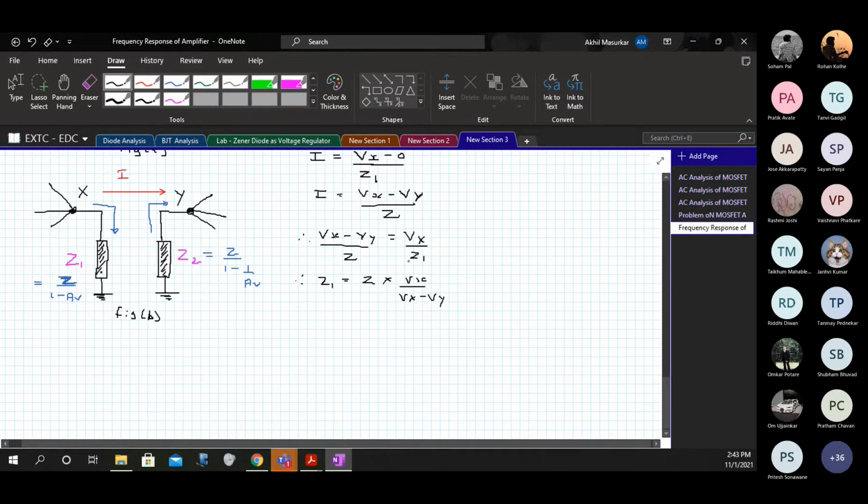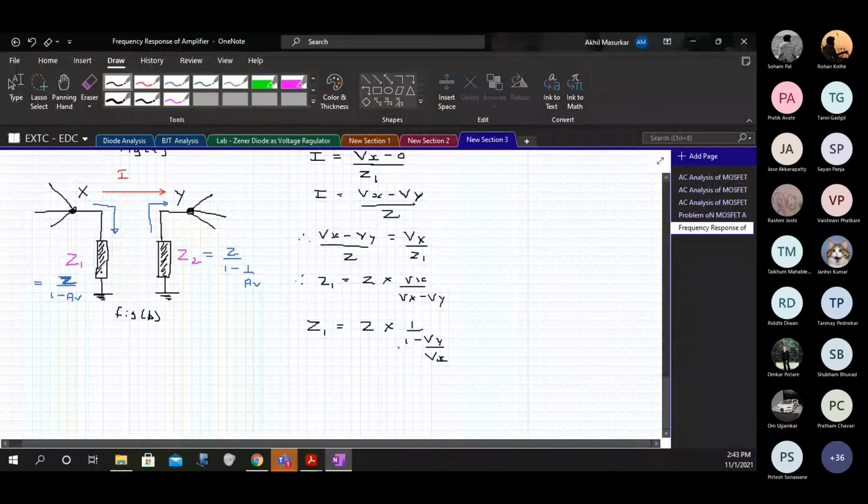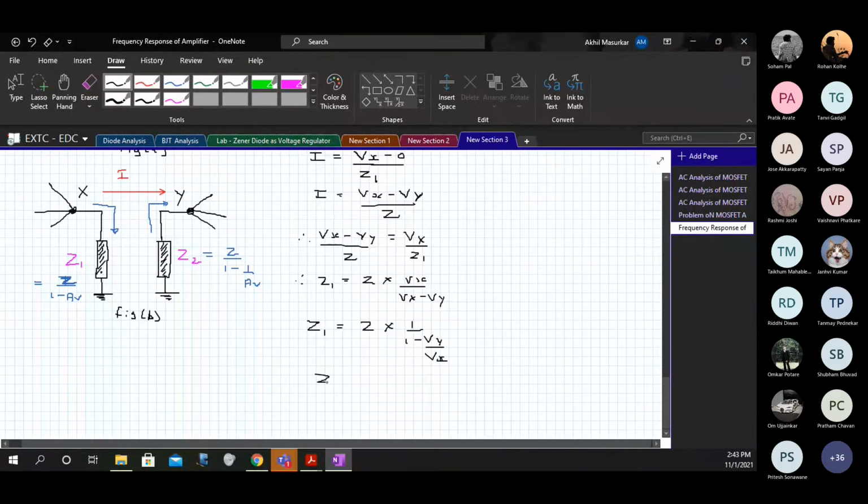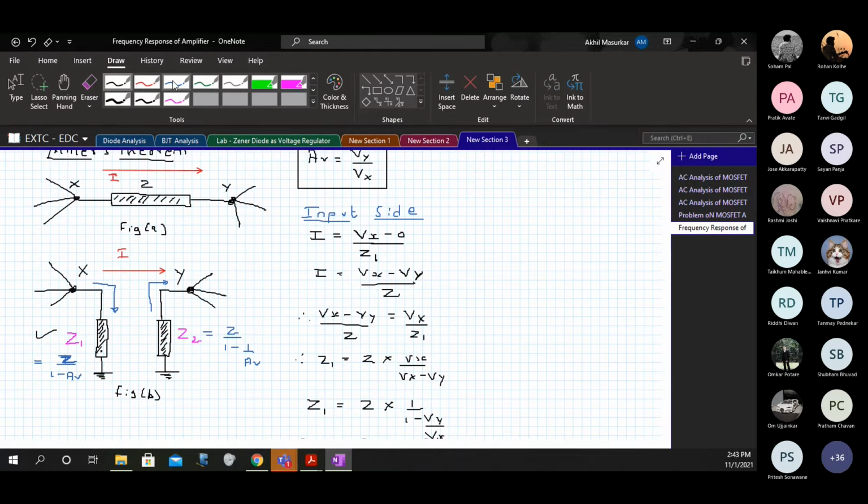So if we divide by Vx in numerator and denominator, we should get Z1 is equal to Z into 1 upon 1 minus Vy by Vx. So Vy upon Vx, that is output voltage upon input voltage, is gain. So Z1 is equal to Z upon 1 minus AV. So this is what we got, the first one. And similarly, now if you consider the output side, what will you get?